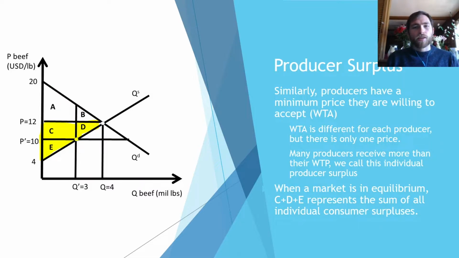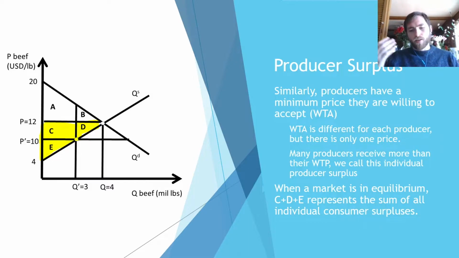Flipping things for a sec and talking about producer surplus, it's a very similar concept. A seller has a willingness to accept for a water bottle. So let's say that the willingness to accept for the seller of the water bottle was $9.